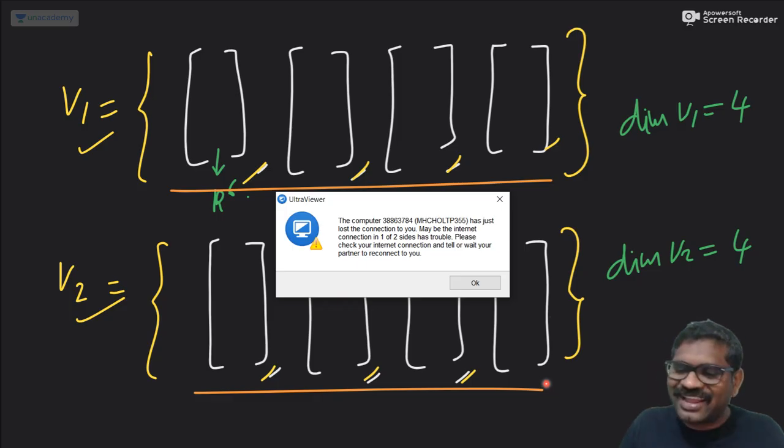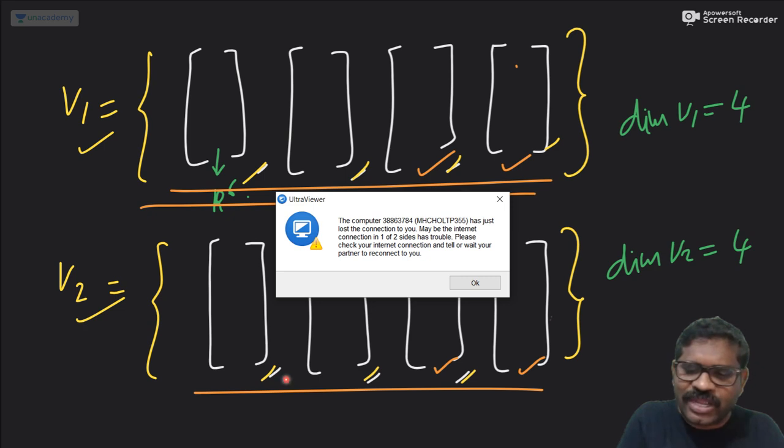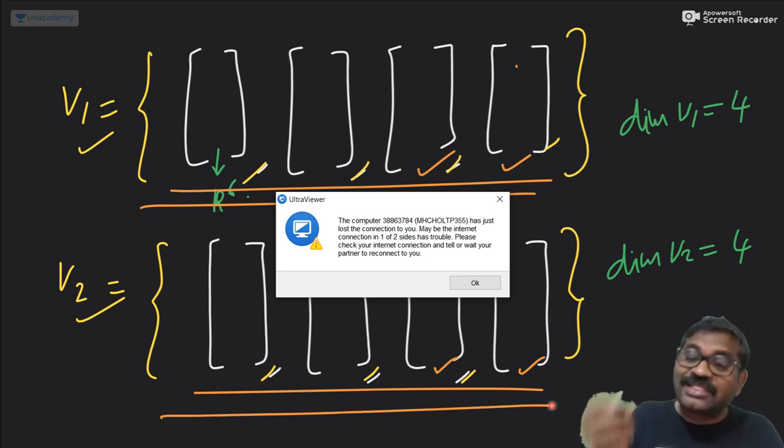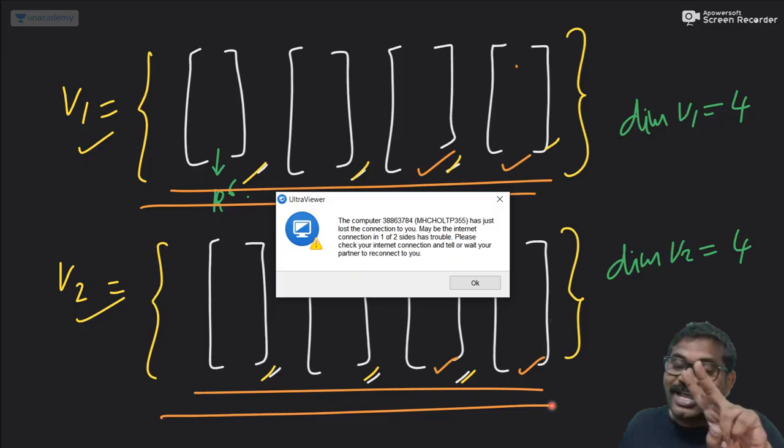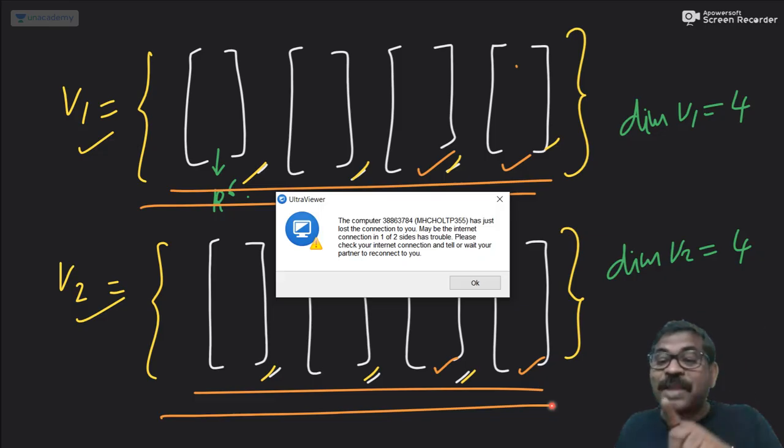Suppose these vectors are in V1, the same vectors are also available in V2. Then here total 4, here total 4, total 8. In that 8, 2 are repeated. You are subtracting, then total 6. Those 6 are members of your basis. That's why dimension of V1 union V2, I have written 6.